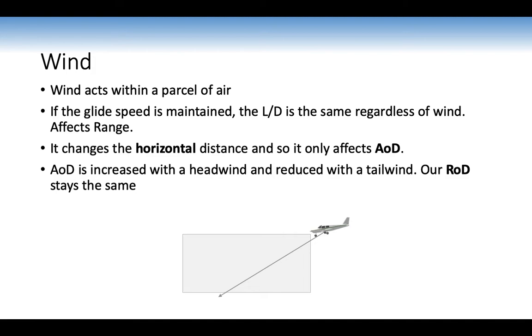Rate of descent stays the same, unaffected. So if you have a tailwind, that parcel of air moves along, and the angle is a little bit shallower, and so our angle of descent decreases. But if you have a headwind, it moves that towards the back, and our angle of descent changes as well.